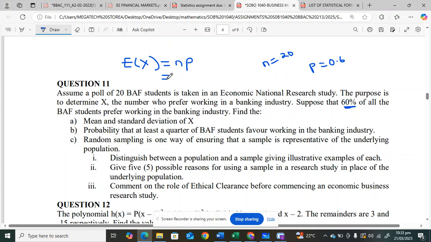What is our n? 20. What is our p? 0.6. 20 times 0.6, what do we get? Twelve.